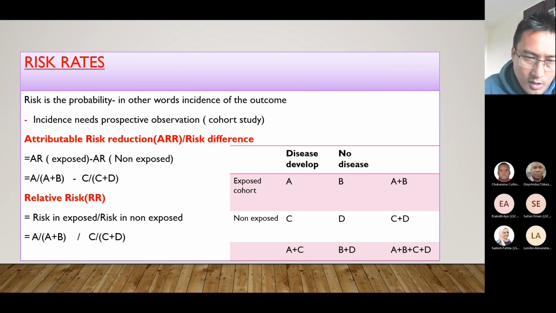So this is A divided by A plus B minus C divided by C plus D. So that is the formula of the attributable risk reduction in cohort study. If you're talking about the relative risk, what you tend to do is divide. So you divide the risk in the exposed by the non-exposed. So when you see attributable, you subtract; if you see relative risk, you divide.